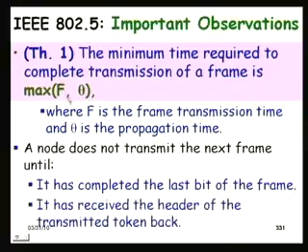And also it should have received the header of the transmitted token back. If it has not received the header of the token back, then it would wait, because, okay, let me just ask you, why should it wait? Exactly. It won't know if there is a higher priority message waiting to be transmitted, and then it should relinquish, isn't it? So, that is the reason why it should wait for the header to reach back.